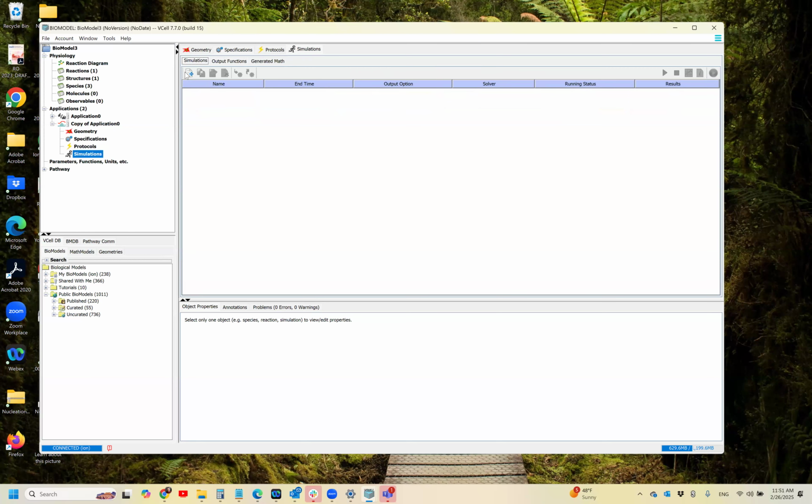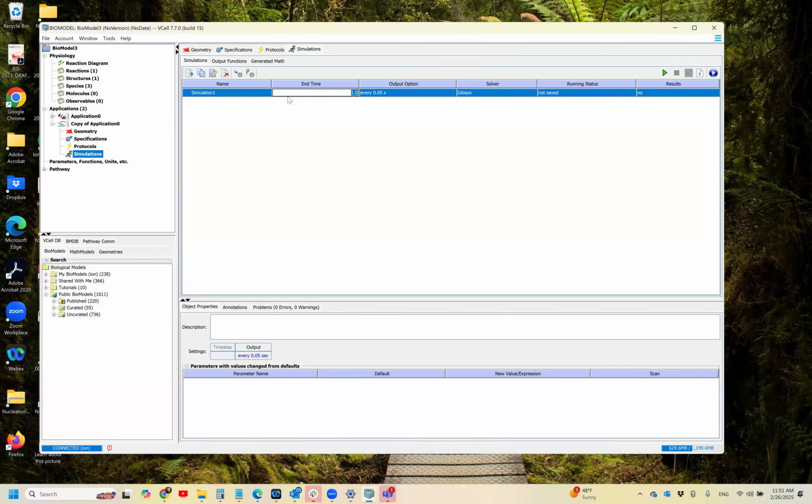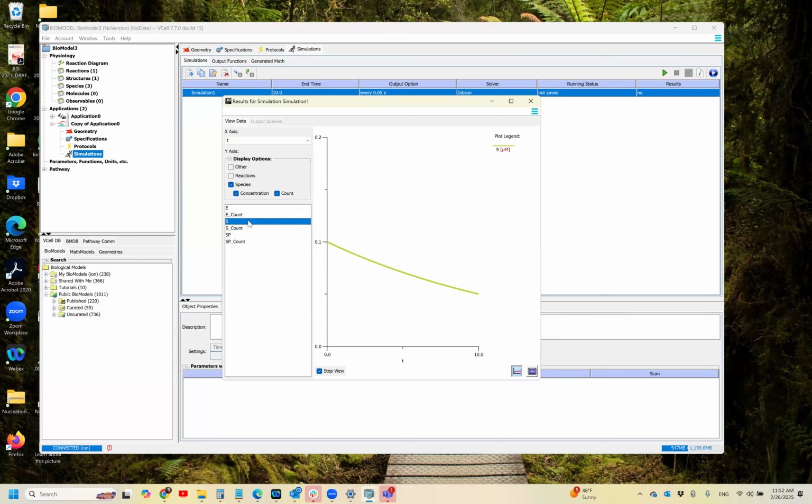So if we simulate this in a stochastic way, you don't see anything different than in the deterministic, because given the large number of molecules, the deterministic system of differential equations is a perfect approximation of what actually happens with the individual molecules interacting.